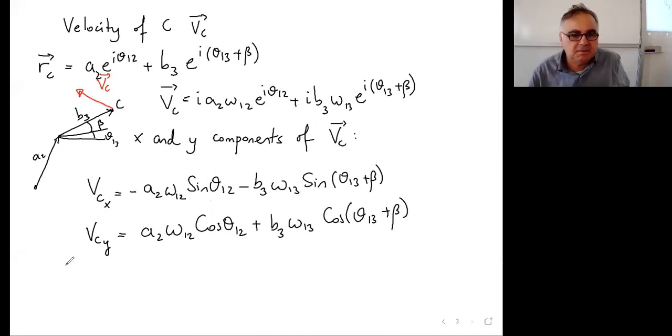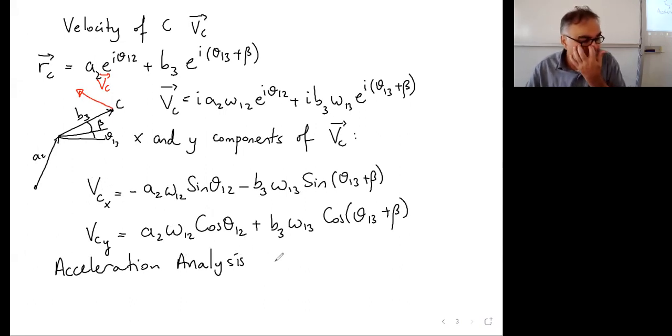Okay, the next step is to do the acceleration analysis. Again, what we do is we take the velocity loop equation. VLE is the velocity loop equation, and then obtain the acceleration terms.